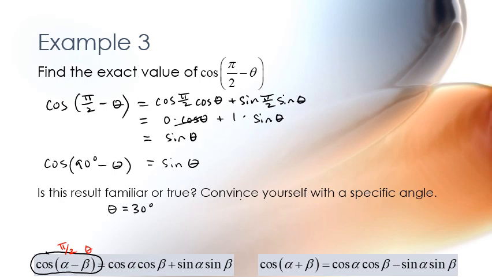If theta was 30 degrees, then we would be saying that the cosine of 90 degrees minus 30 degrees is equal to the sine of 30 degrees. 90 minus 30 is 60.